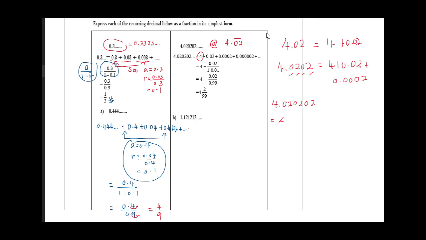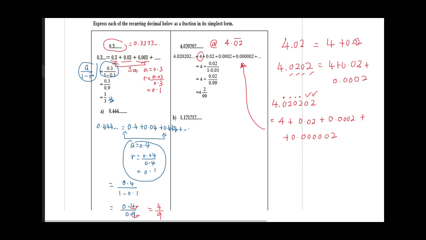Then we write it as 4 plus 0.02 for the first one, 0.0002 for the second pair, and for the last one, 1, 2, 3, 4, 5 and 6, it will be plus 0.000002. So this is how you get this.